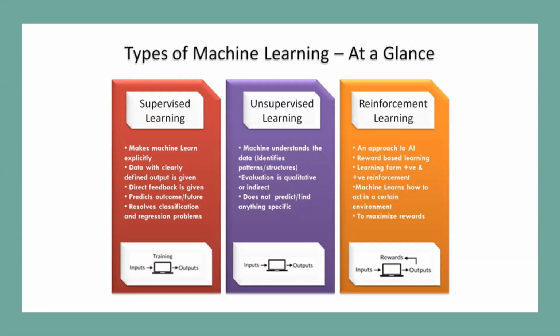Supervised learning makes a machine learn explicitly. It means that you need to give the machine, or let's say any intelligent agent, input and output. In my presentation, whenever I say machine, agent, or AGI, it's a synonym.